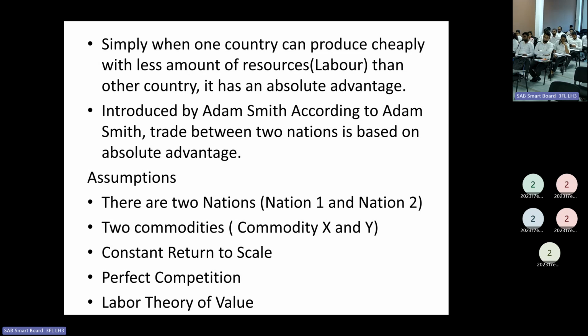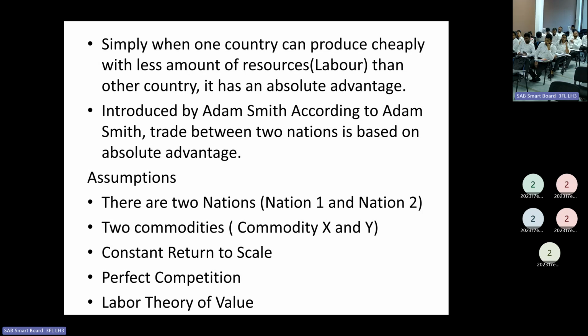So what are the assumptions? We take two nations, two countries, and two products, a commodity each. We take tea and rubber, or maybe tea and meat, or for another country, X and Y. We take the constant returns to scale principle as applied, and then we assume perfect competition.